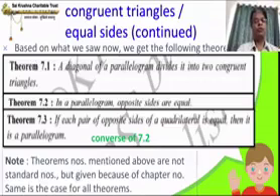And note this point. Theorem numbers mentioned above are not standard numbers but given because of the chapter number. This I have been telling in every chapter, and I will tell this at least once, so that you should not get confused by the number. In some other book or somewhere else, if you see some other 4.3, it doesn't make any difference. It is the explanation that is more important. Whenever you write the reason, don't write the theorem number.